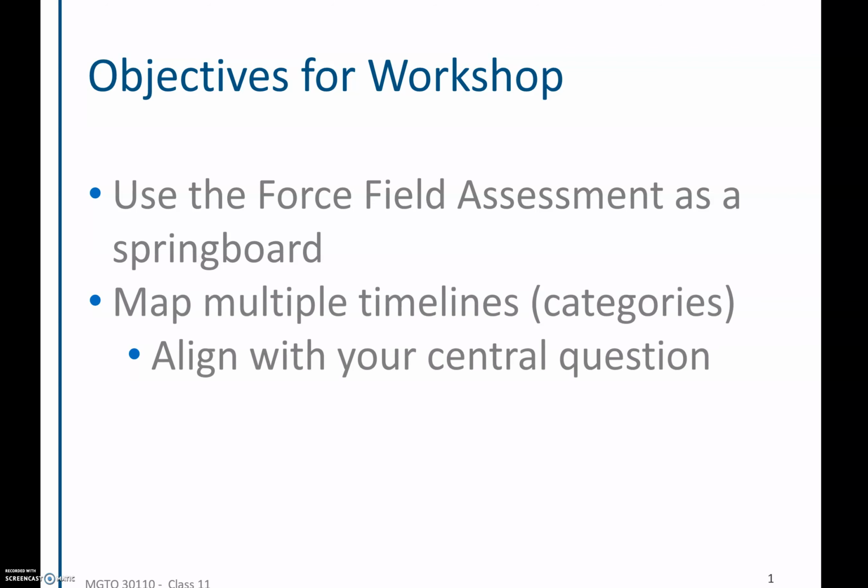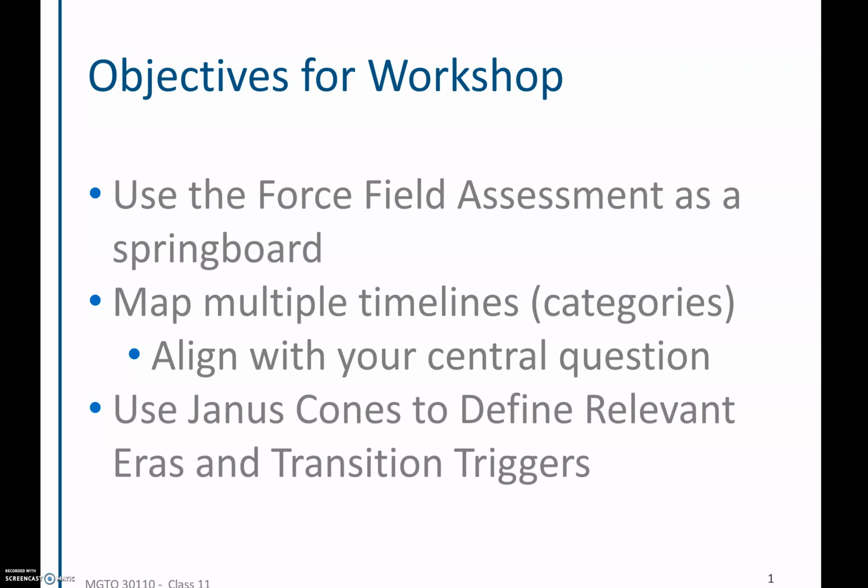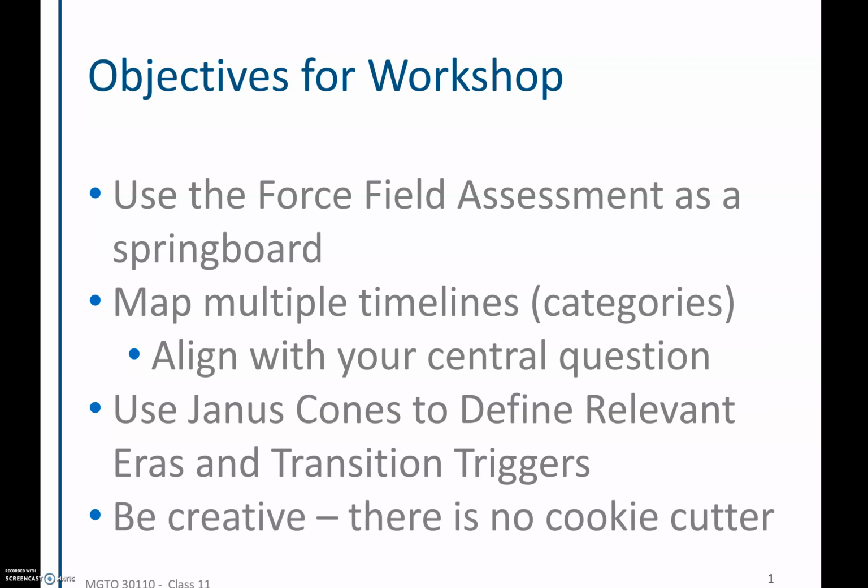Map the timelines that align with your force field assessment, which aligns with your system boundaries, which aligns with your central question, okay? And then use the Janus cone to visualize and articulate the relevant triggers, transitions, and eras that go along with it. And again, the idea here is there's no singular approach. Each and every one of these will look different.